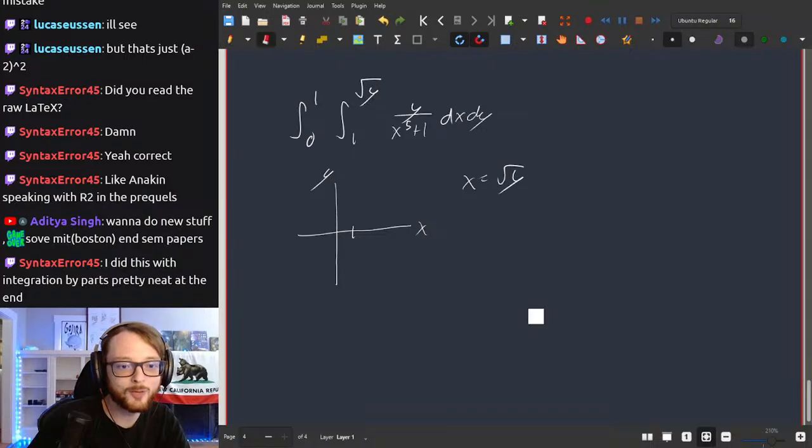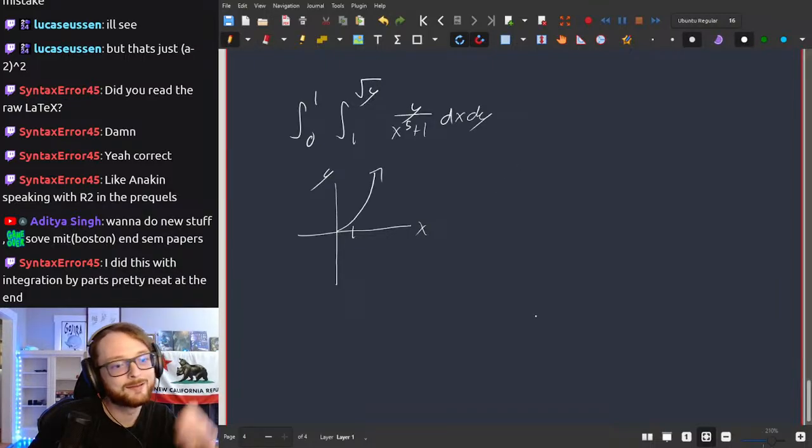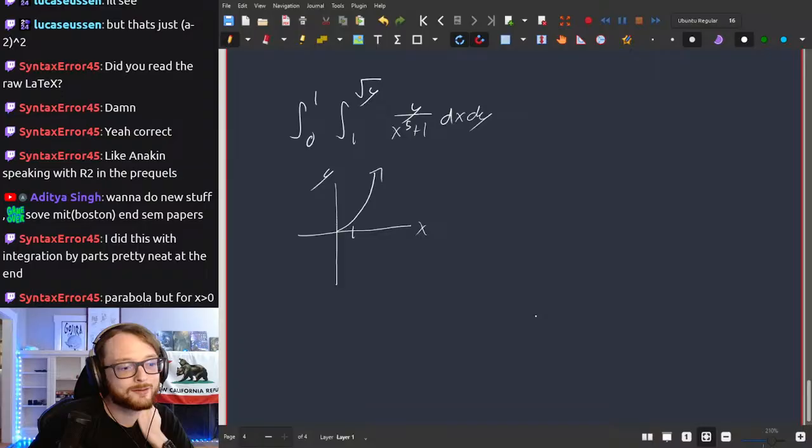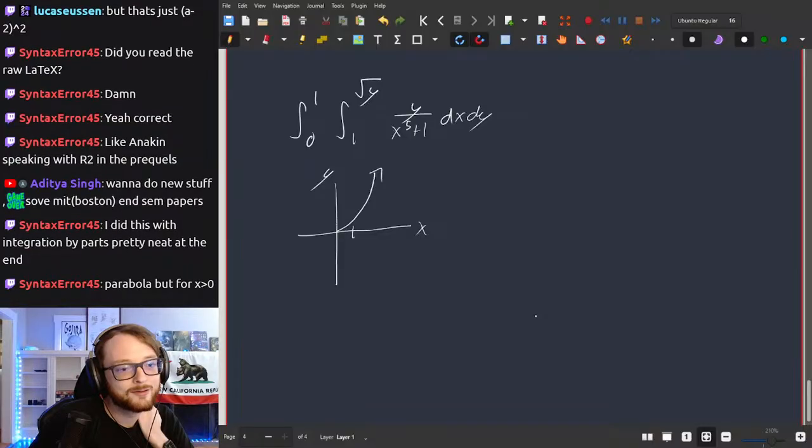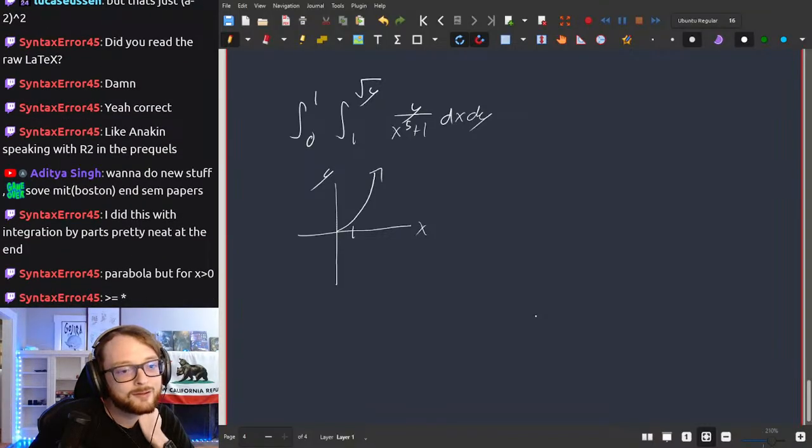That's just a regular parabola. Yeah, I had it right the first time, but only half of it. It's that. Okay. So x is going from 1 out to root y.